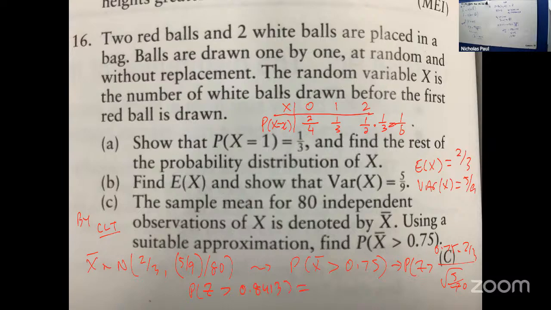0.8413, which is equal to 1 minus 5 of that, right? So the value that's supposed to go here, probability of Z is what?